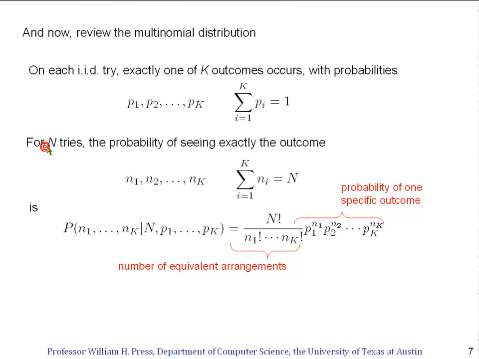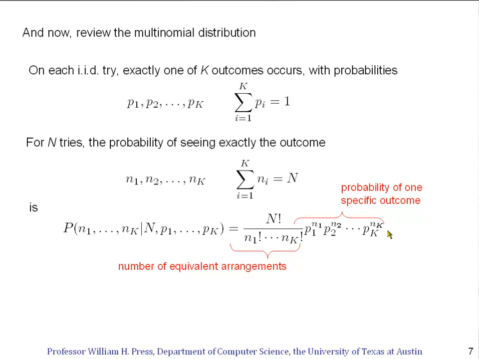Now, we did capital N tries, so these number of events have to add up to capital N. And that is the multinomial probability distribution, which we'll write as the probability of seeing this vector of numbers of counts if we do n tries of something that has this vector of probabilities of each of the alternatives.